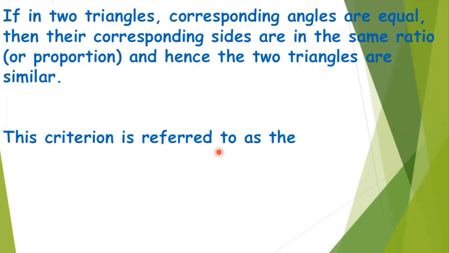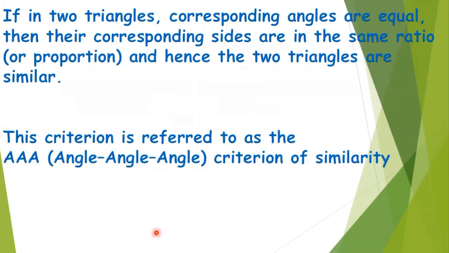This criterion is referred to as the AAA criterion of similarity of two triangles, the angle criterion of similarity of two triangles. If in two triangles corresponding angles are equal, then the two triangles are similar.